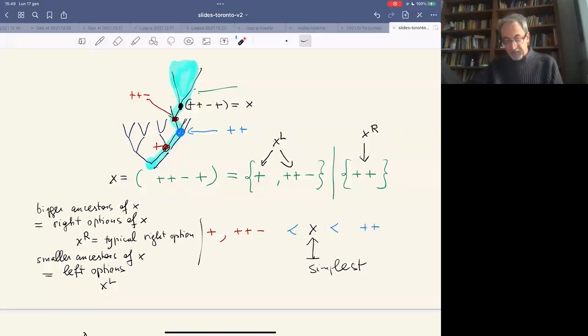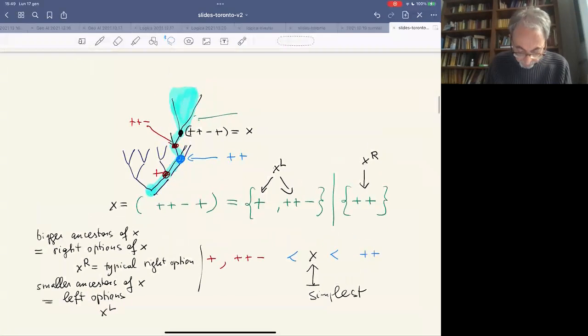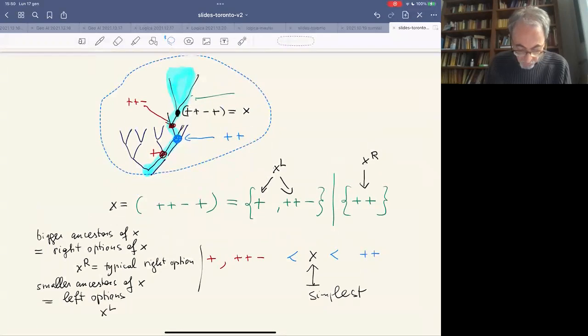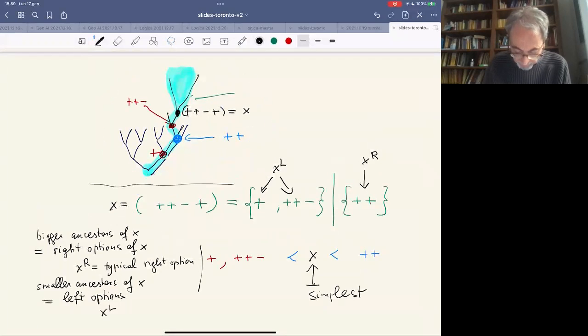Because it's a descendant, if you imagine projecting this to the horizontal line, plus is less than plus plus minus plus. Okay, thank you. Right? So it's plus plus minus.